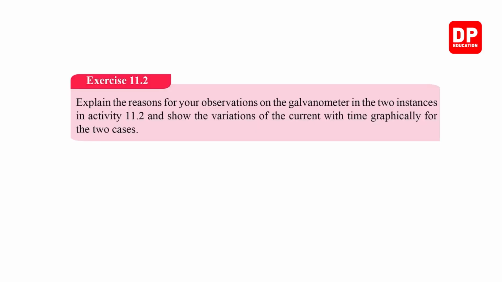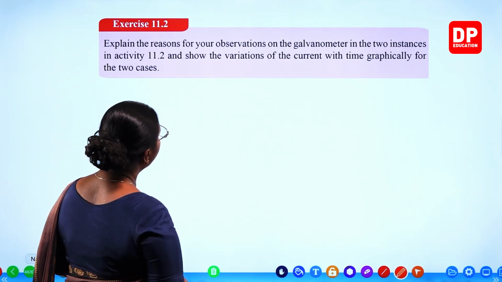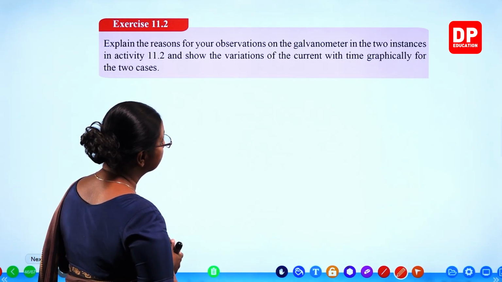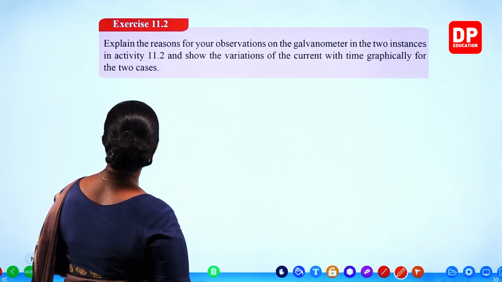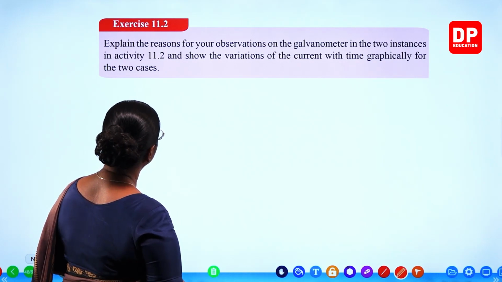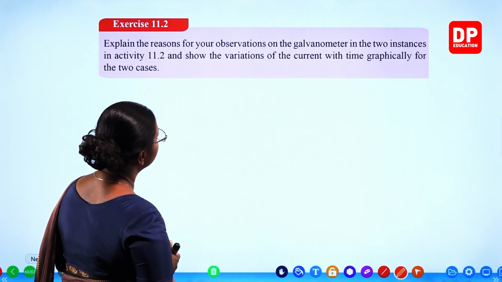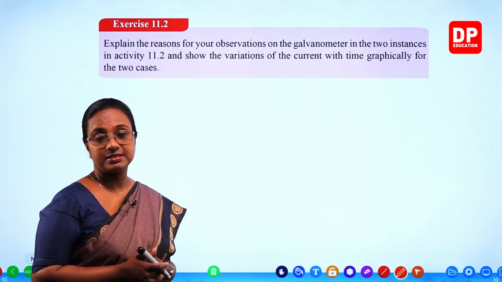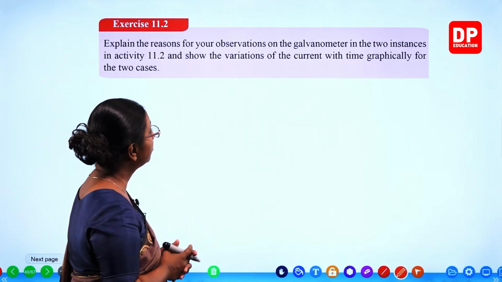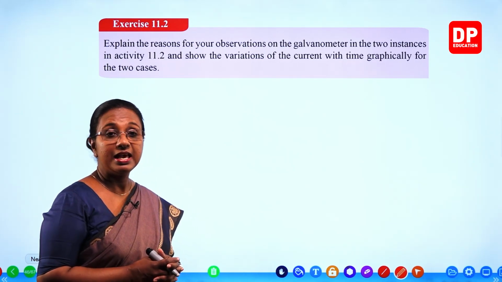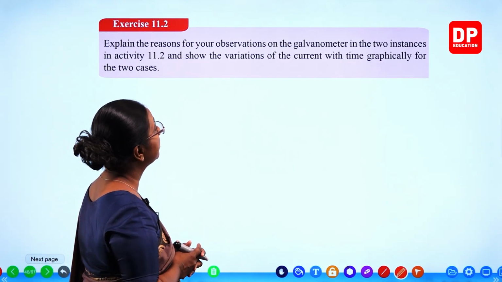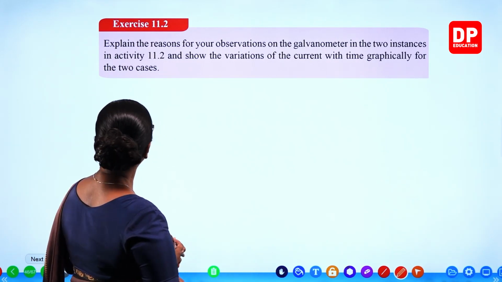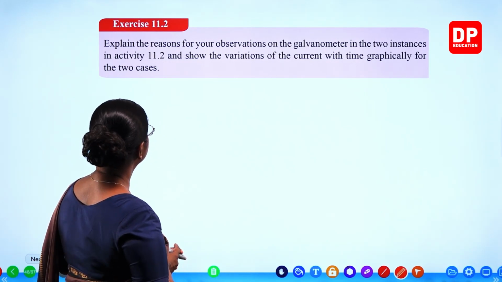Now here we have an exercise 11.2 given in your textbook. Explain the reasons for your observations on the galvanometer in the two instances in activity 11.2 and show the variations of the current with time graphically for the two cases. So here they want you to draw the two instances, explain it, and also they want you to graphically represent the two cases.